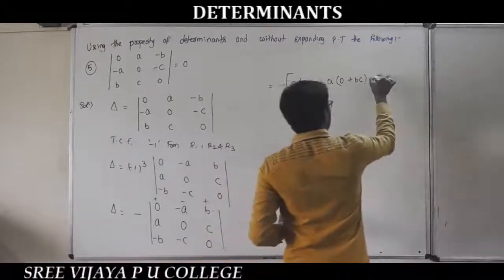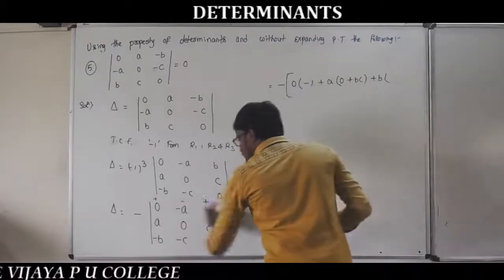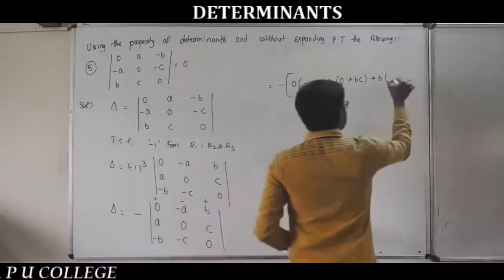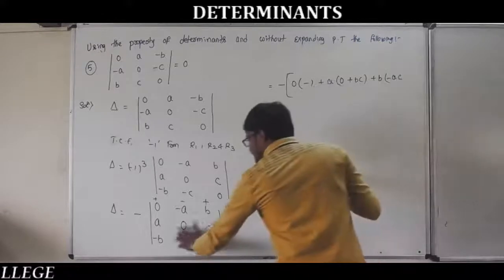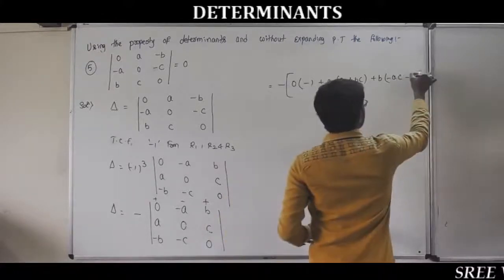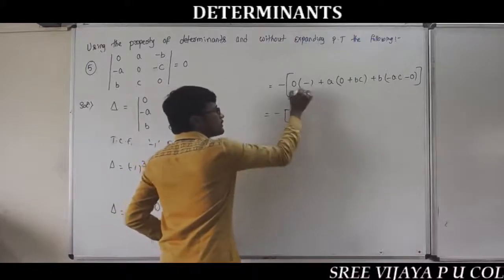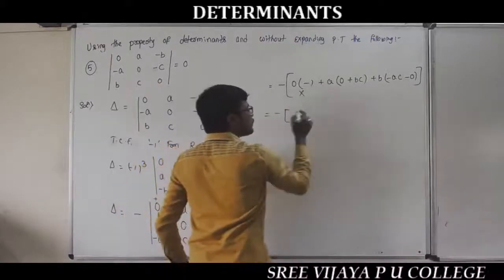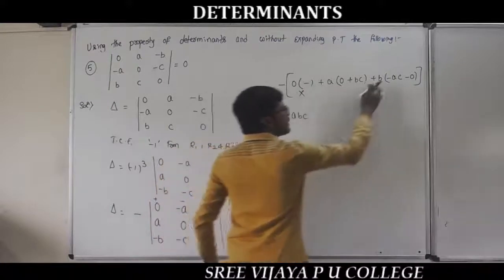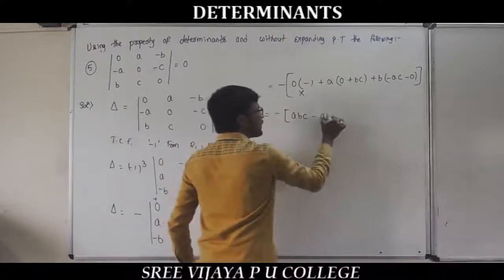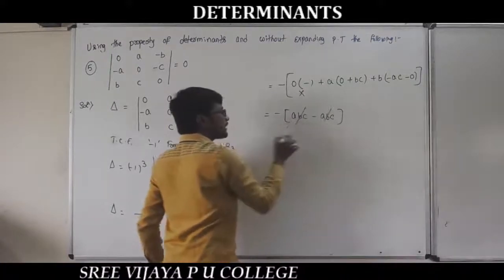For plus b, first row, third column. A into minus c is minus ac, 0 into minus b is minus 0. So minus of 0, a into bc is abc, b into minus ac is minus abc. Plus abc minus abc is 0.